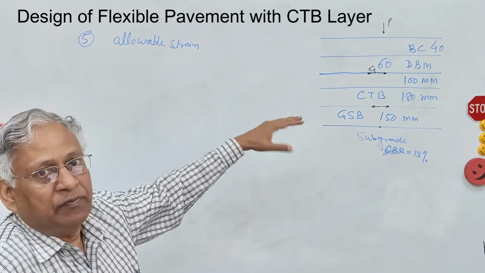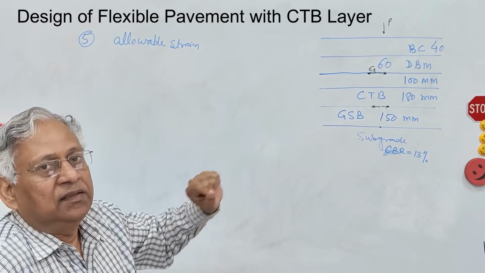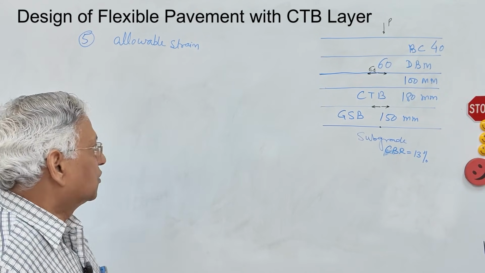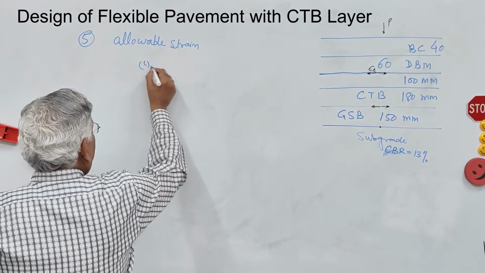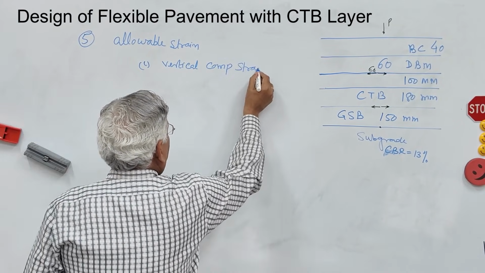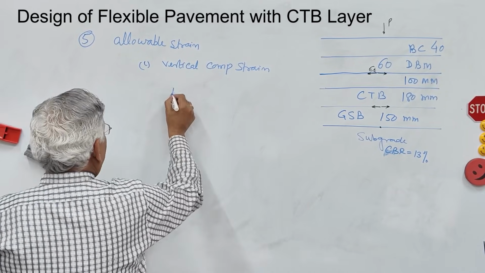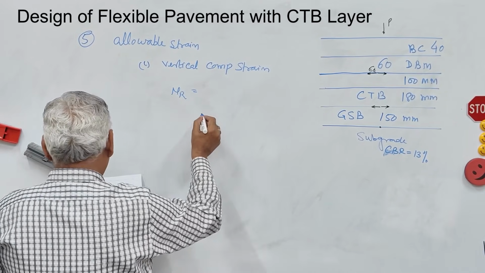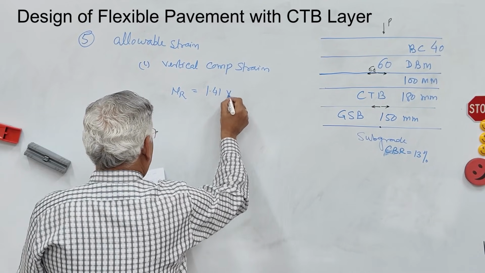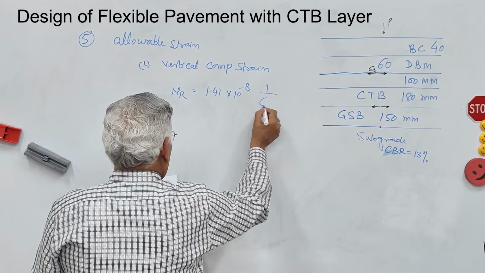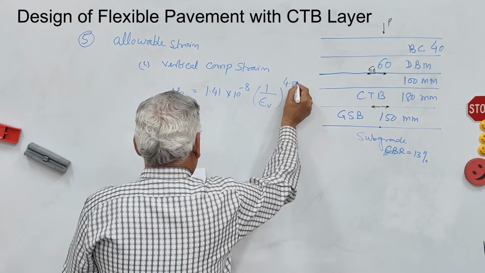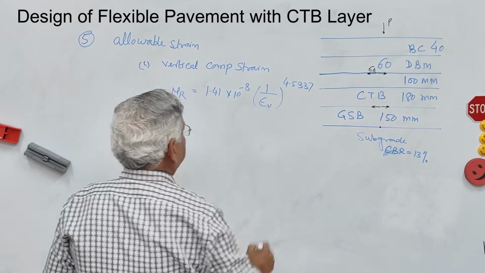Now, before analyzing this pavement through IITPAVE, we must determine what are the allowable strains for the given traffic condition. So, first is the vertical compressive strain at top of subgrade. And the equation which is given in IRC 37 for 90% reliability is 1.41 into 10 to the power minus 8 upon epsilon V power 4.5337.